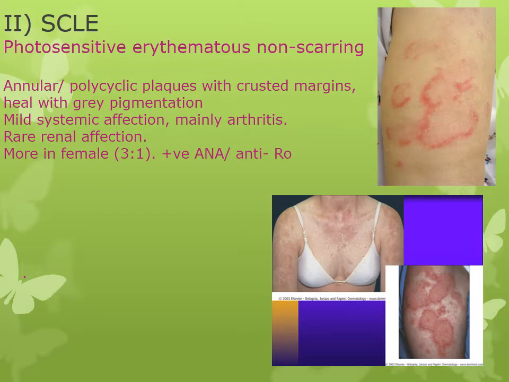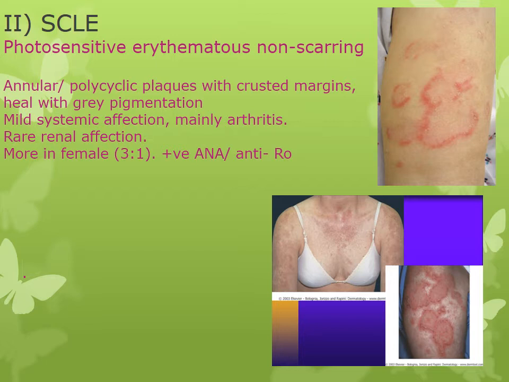The second type of cutaneous lupus is subacute cutaneous lupus erythematosus. These lesions are photosensitive, erythematous, and non-scarring. They are of two types.